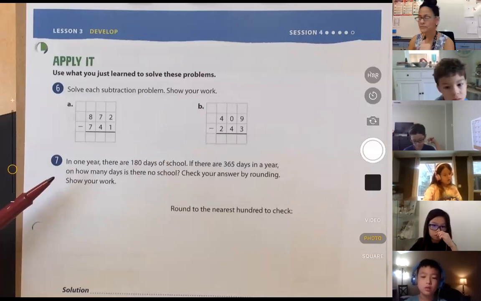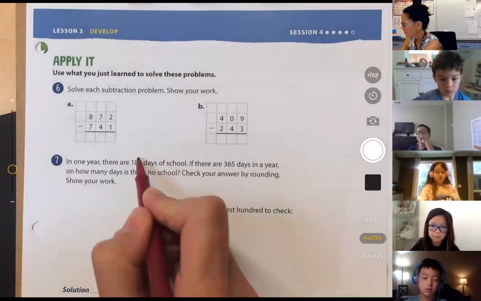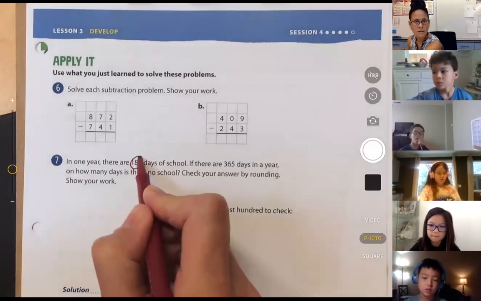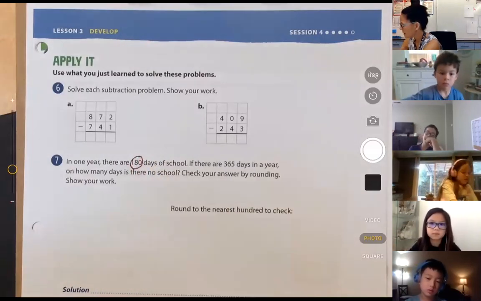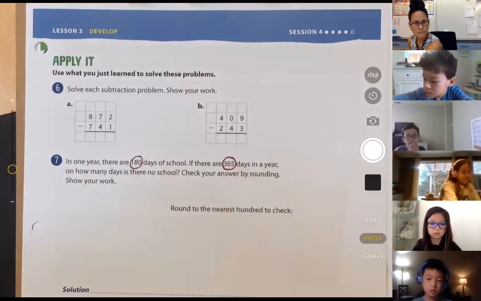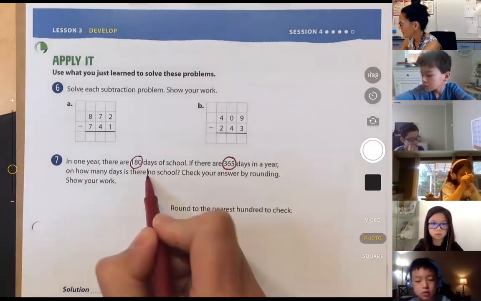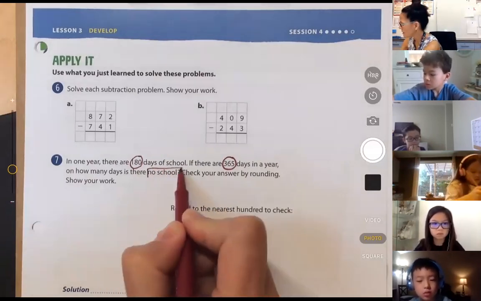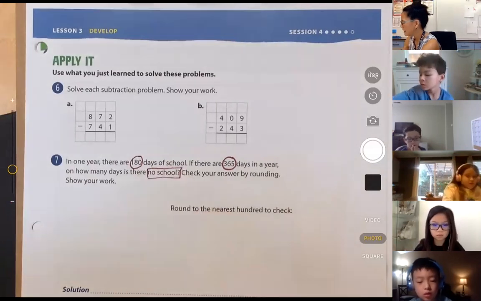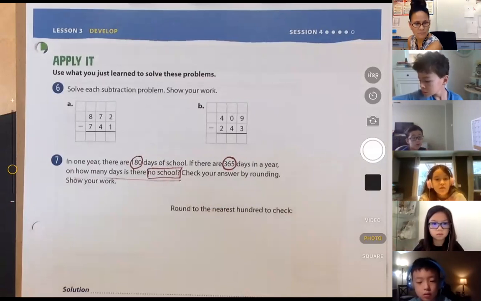All right, so the important numbers for me, 180, super important. 365, super important. So I'm looking for the no school days. How many days are there no school? That's the actual question.